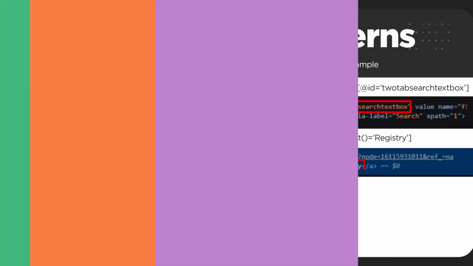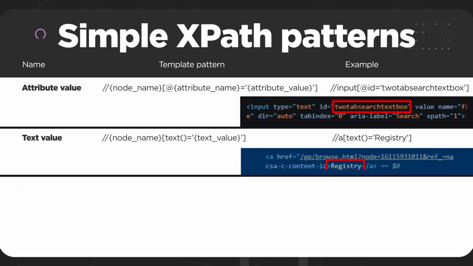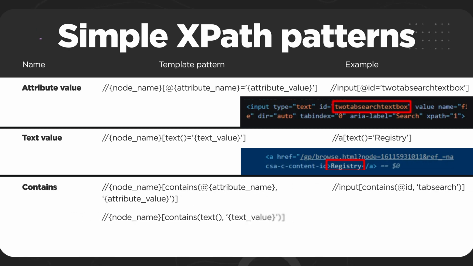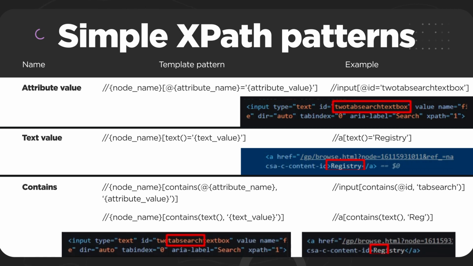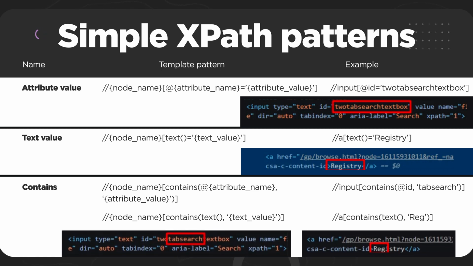The final type I would like to share with you today is contains. We should use this type of XPath selector when the entire attribute or text value is large, and we want to improve our selector's verbosity. It will look like the following: two slashes, node name, opening square bracket, contains, opening bracket, at, attribute name, comma, whitespace, single quote, attribute value, single quote, closing bracket, closing square bracket.